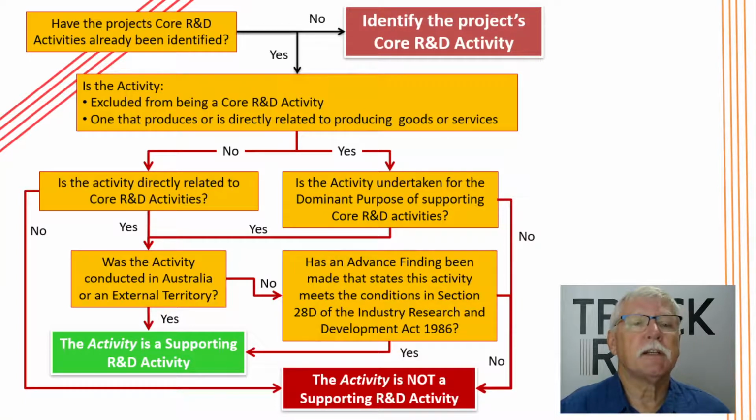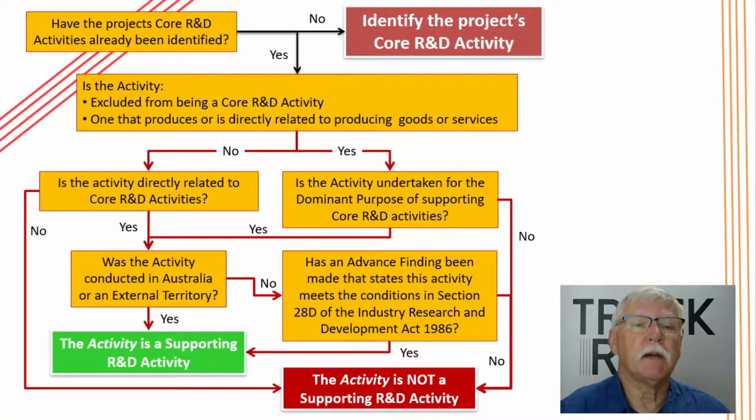So the first question is, have you identified the core activity within the project? If you haven't identified a core activity, you should do that before you proceed with supporting activities.